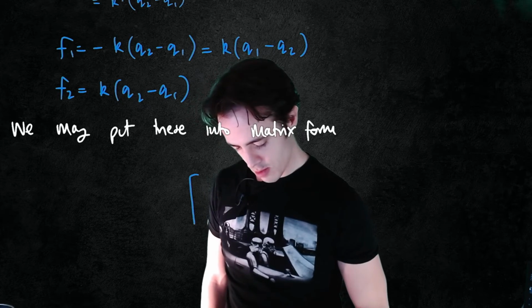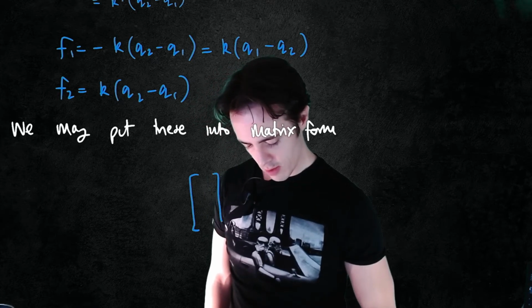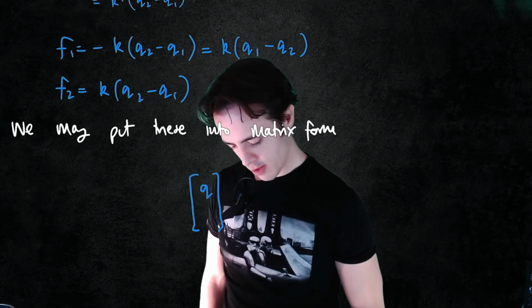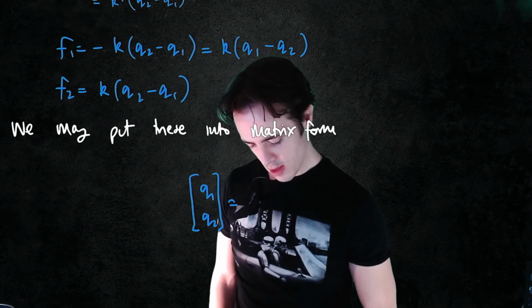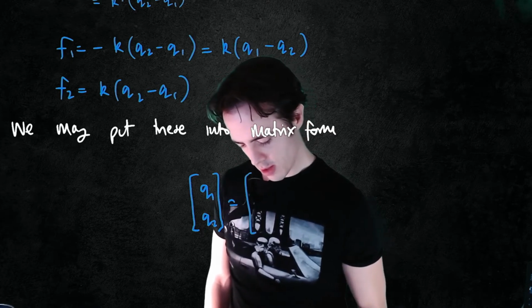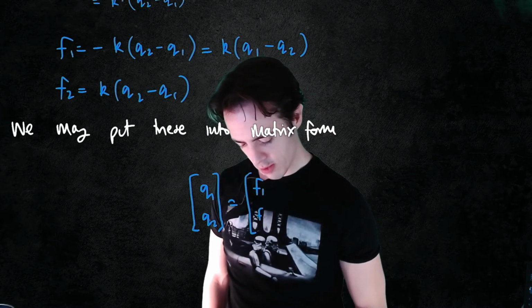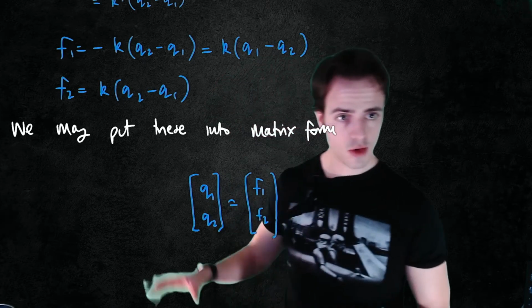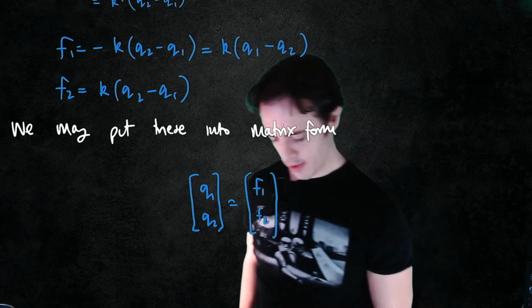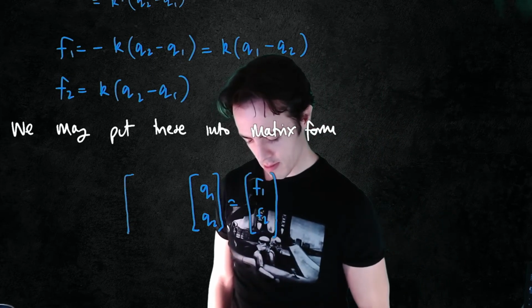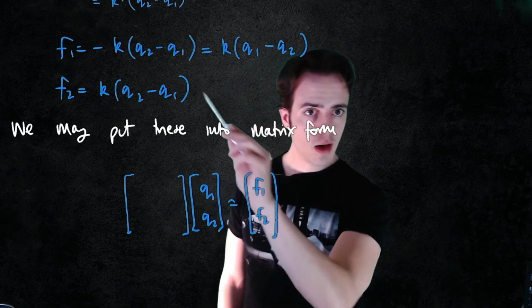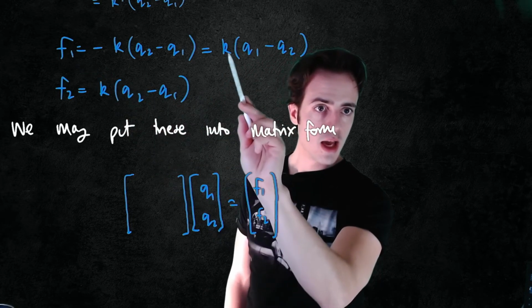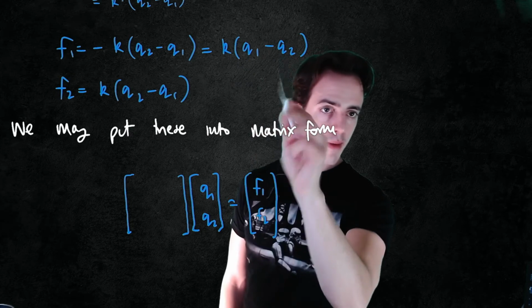So we've got the displacements. Let's put these Q1 and Q2. And I'm going to say F1 and F2 on the right hand side. I've then just got to put my matrix here. And hopefully we can see, well, F1 is equal to K multiplied by Q1 minus K multiplied by Q2.